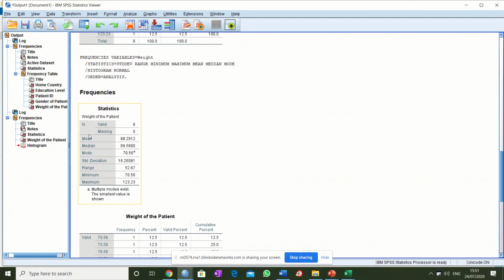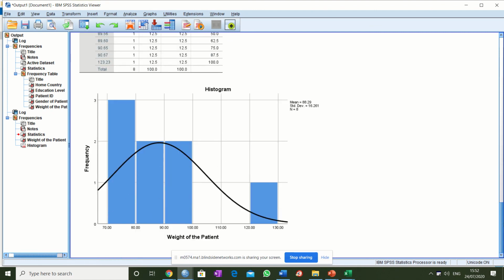The other frequencies are here. I asked the program to calculate mean, median, mode. You can see that they are not equal. So when they are not equal, the distribution is not normal. And these are the other values that I asked the program to calculate.